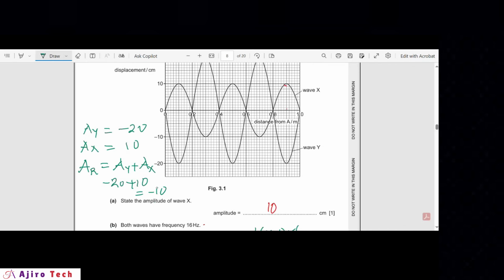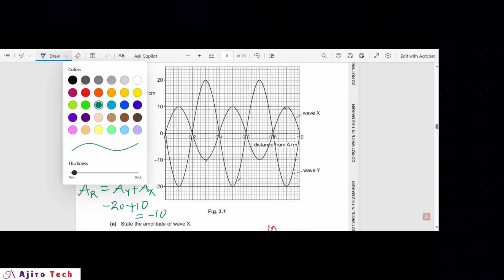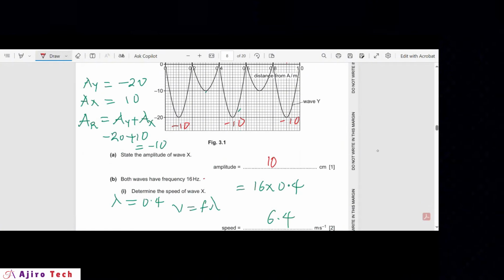So the first one is on the negative side, minus 10. If you do the second part, you're going to get plus 10. On this side, minus 10. On this side, plus 10. On this side, minus 10. So we know how the graph is going to be now. We are starting from the negative axis of minus 10.